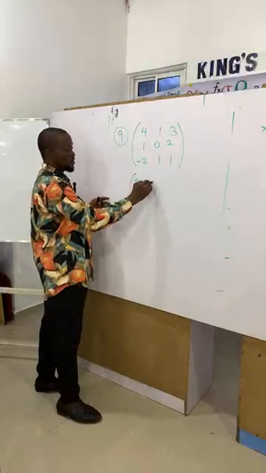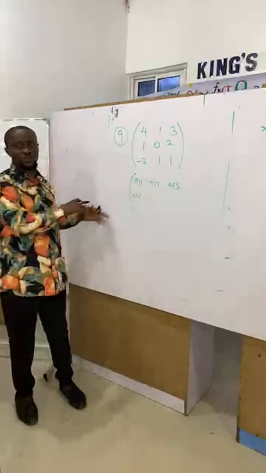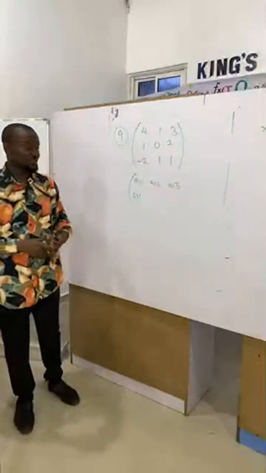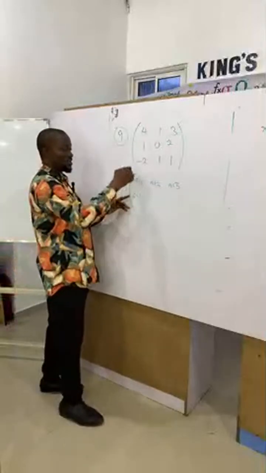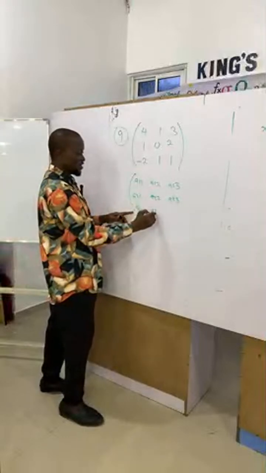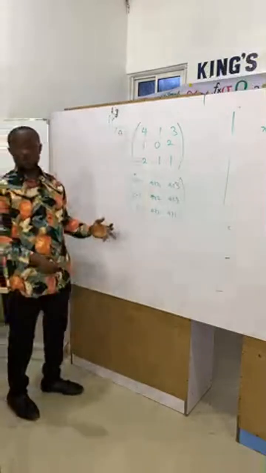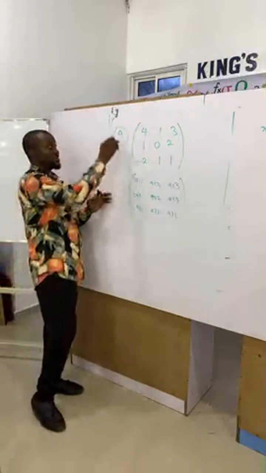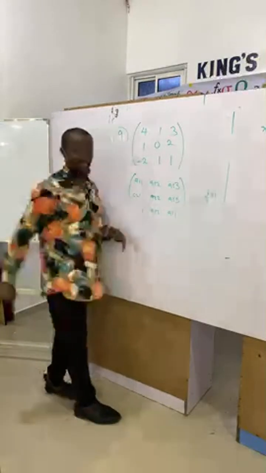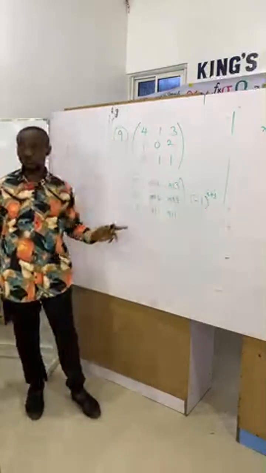You have A11, A12, A13, A21, A22, A23, A31, A32, and A33. I don't really want to go straight to solving the question. I want to explain so that you can understand other topics and questions. In the cofactor version, using the minor, minus 1 to the power of i plus j, where i is the row and j is the column.